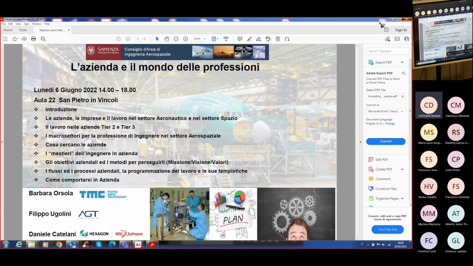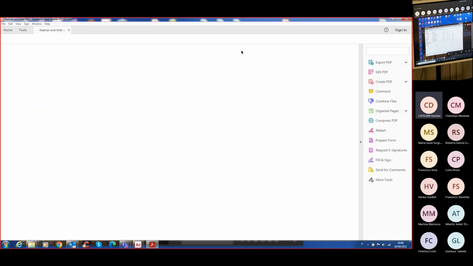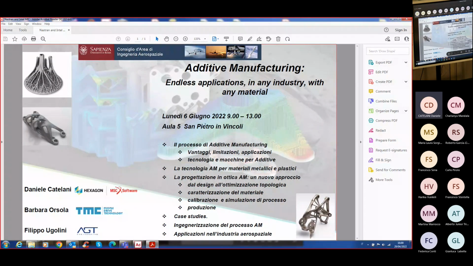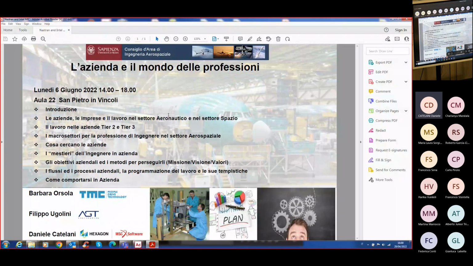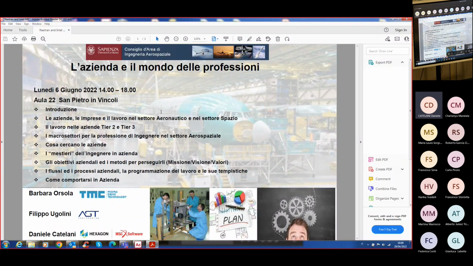The morning is Aula 5, San Pietro in Vincoli; in the afternoon, Aula 22. Again, you can register and attend this seminar. Another CFU is available for you.